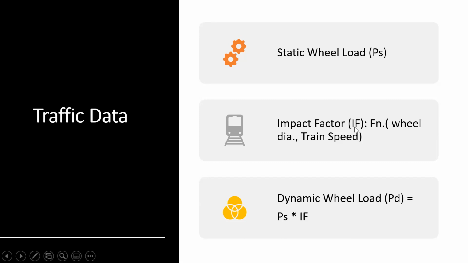Then the impact factor, and that's where the empirical approach kicks in, in a lot of the manuals and guidelines. The idea is how to convert your static load into what we call a dynamic wheel load. The purpose of the dynamic wheel load is to consider the fact that it's a moving load, something similar to the line of influence, which those of you interested in structures probably came across a lot.